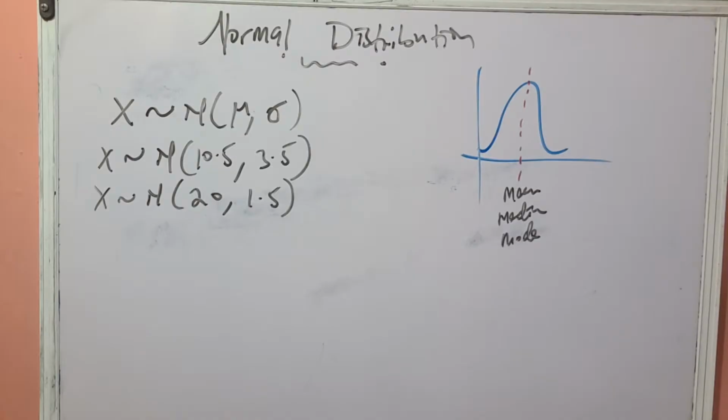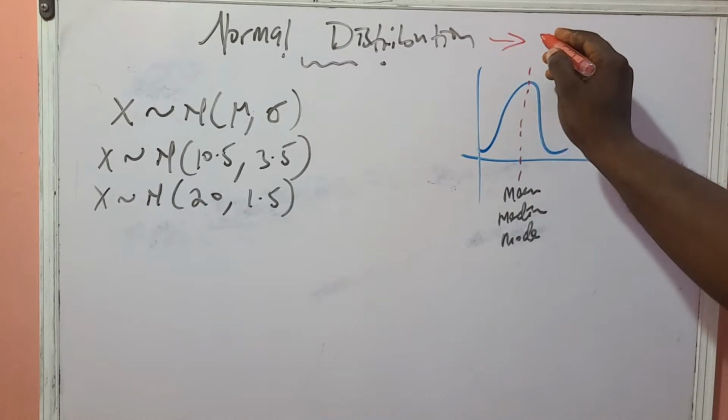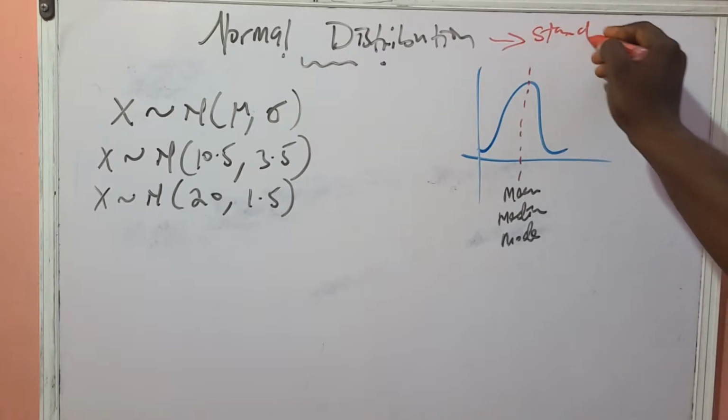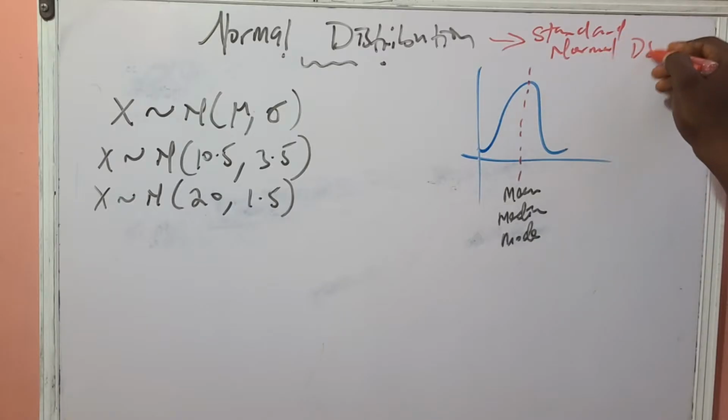Now, this is not actually feasible, and that's the reason why we have to do something we call standardization, where we're going to be converting our normal distribution to what we call a standard normal distribution. All right.